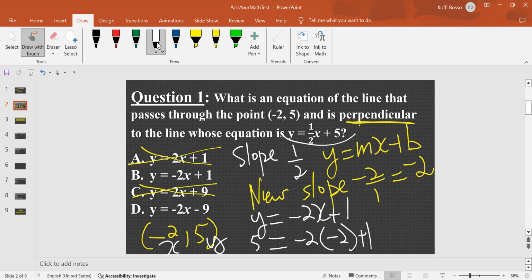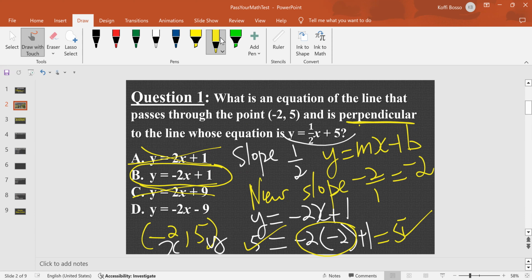Negative 2 multiplied by negative 2 is positive 4, because a negative times a negative is positive, and positive 4 plus 1 is 5. So 5 equals 5, and therefore the correct choice here is B. This is one of the methods used to check this equation.